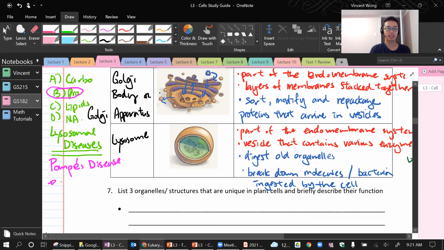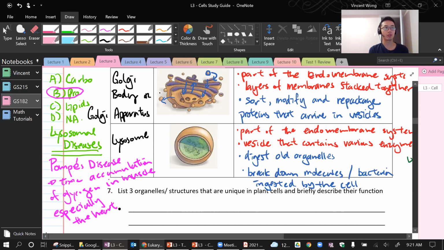So this leads to toxic accumulation of glycogen in muscle, especially the heart. And that's going to cause some cardiovascular conditions.